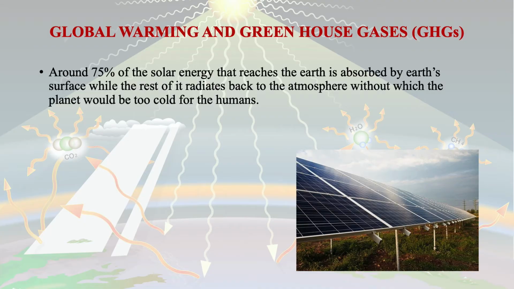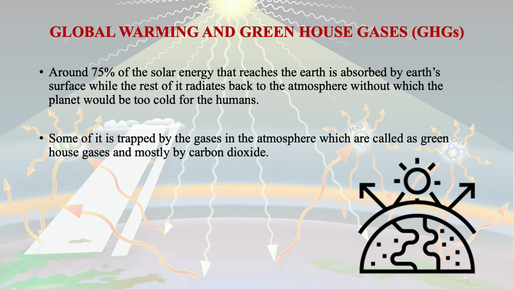Let us start understanding global warming and greenhouse gases. We call greenhouse gases GHGs. Around 75% of the solar energy that reaches the earth is absorbed by Earth's surface, while the rest of it radiates back to the atmosphere, without which the planet would be too cold for humans.